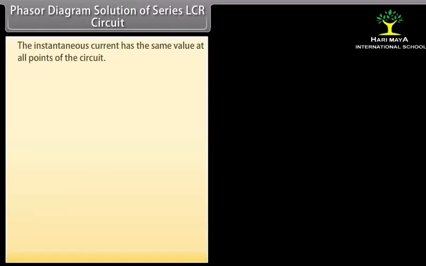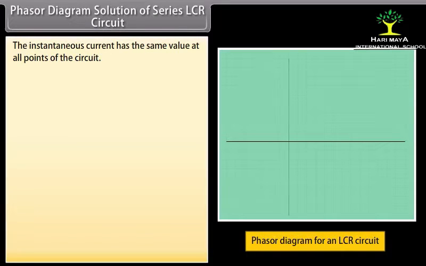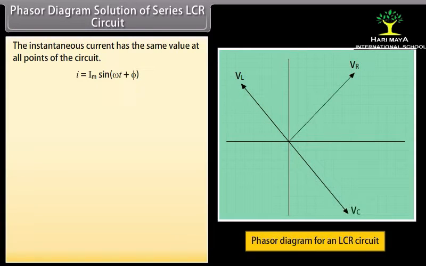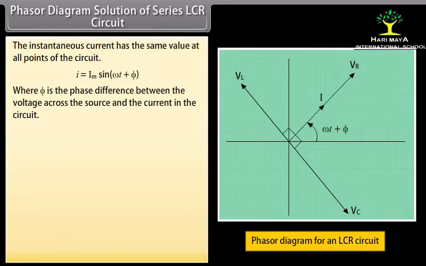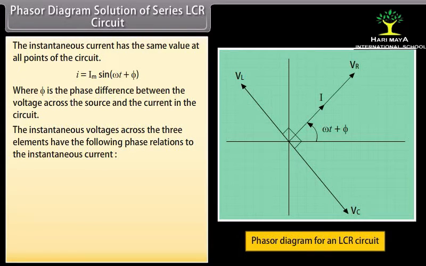Phasor diagram solution of series LCR circuit. The instantaneous current has the same value at all points of the circuit. I = Im sin (omega t plus phi), where phi is the phase difference between the voltage across the source and the current in the circuit. The instantaneous voltages across the three elements have the following phase relations to the instantaneous current.